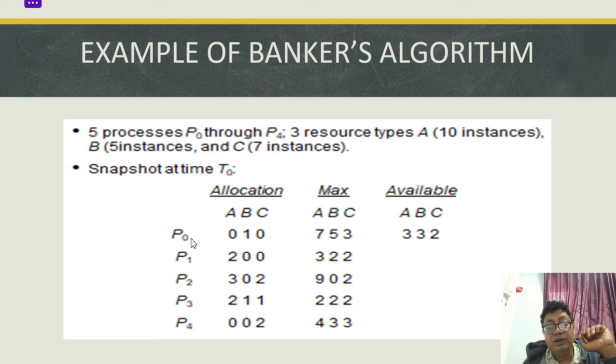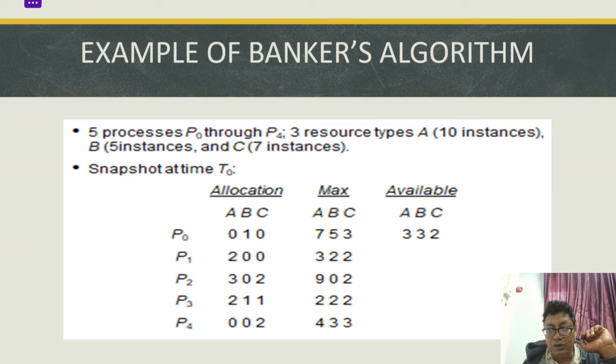If P0 wants to execute and terminate, then P0's requirement is 753. Similarly, P1, P2, P3, P4 are all given. And at this moment, the free resource, which is not occupied by any process, is 332. It is given.